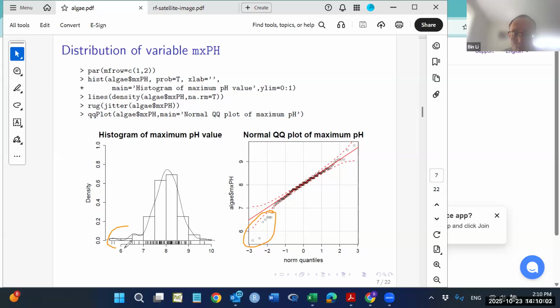That indicates it is a little bit skewed, but not that skewed. We do see some samples with quite small values, but this one definitely is not very skewed.